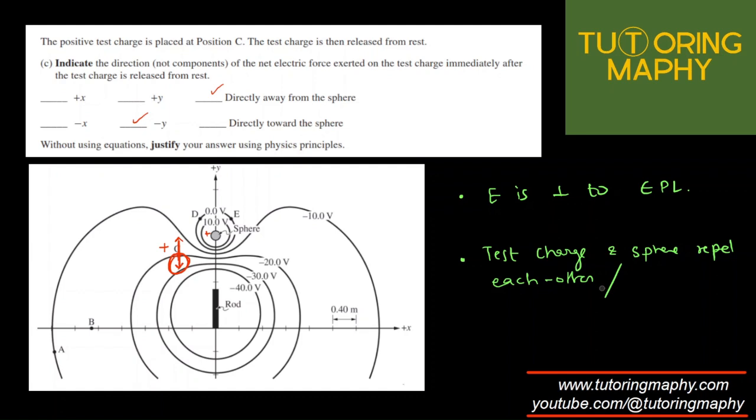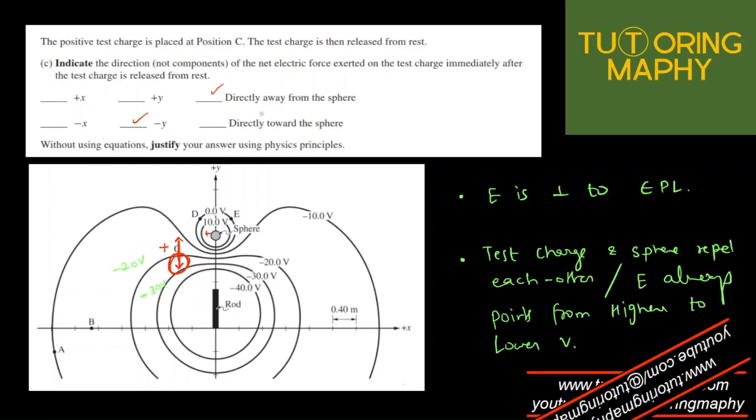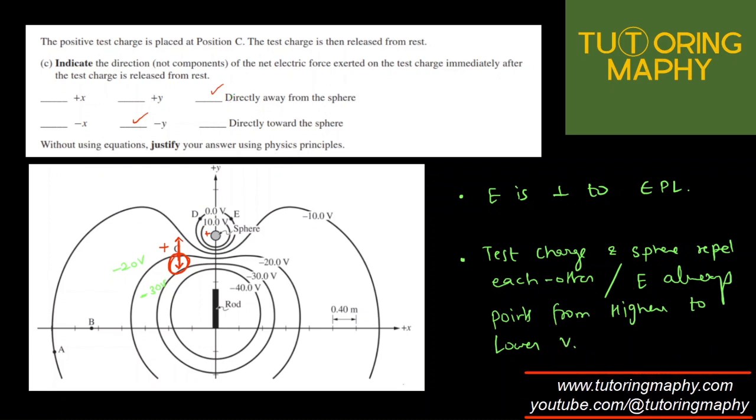That can be a reason, or you can also say that the electric field always points from higher to lower potential. So you can clearly see that this potential is -20 volt, and here we are going towards the lower potential, so it has to be towards the minus y-axis and has to be directed away from the sphere. So any of these two reasons would make sense. So this is what we have.